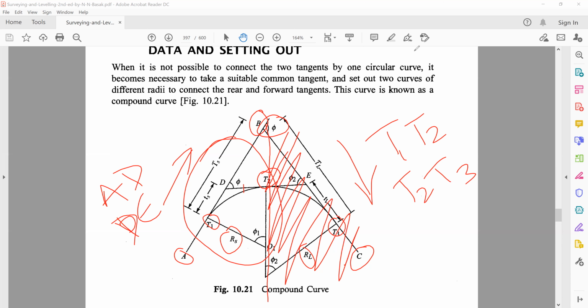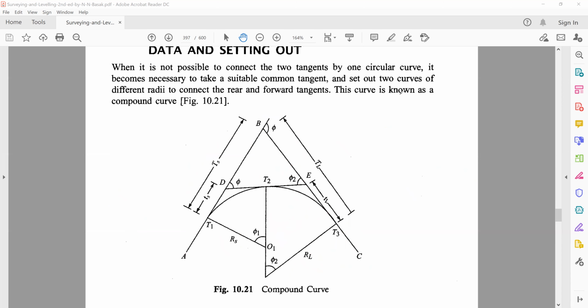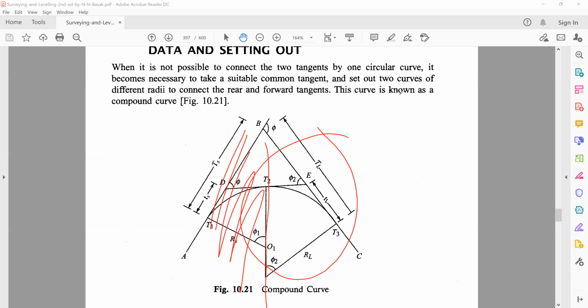So it's an exact replica of whatever you've done before. And if you look at the other side, now if you forget whatever is over here and just focus over here, again we have another simple circular curve which has angle of deflection phi 2, starting from T2 going to T3, and again this length will be the tangent length, and it's just the simple procedure you've done before in a simple circular curve.